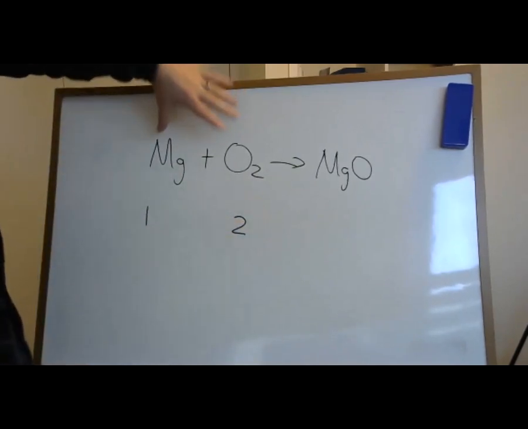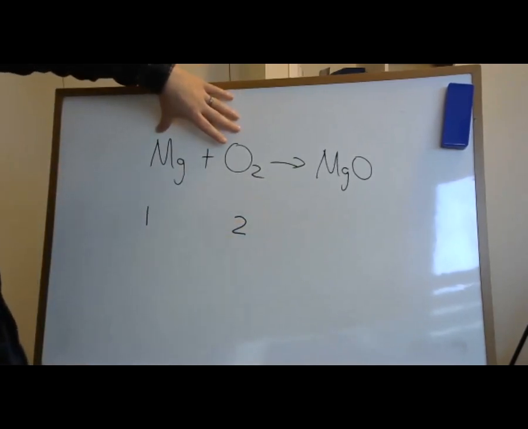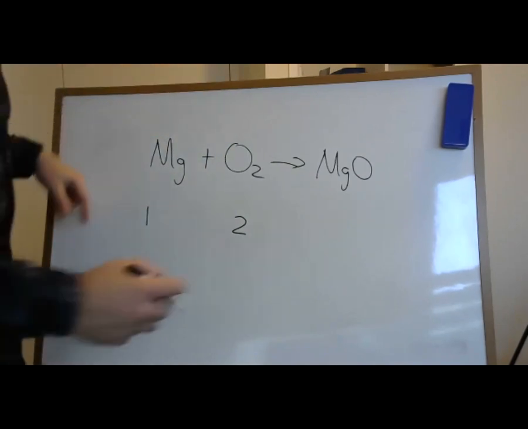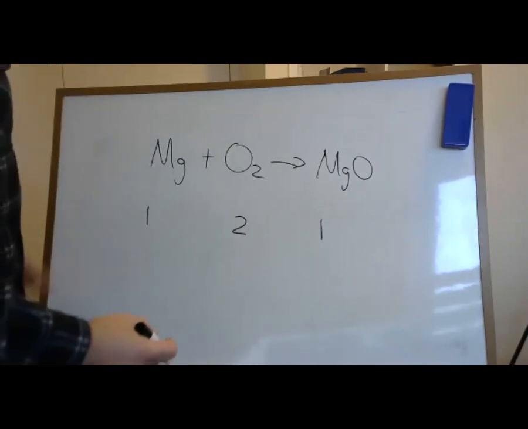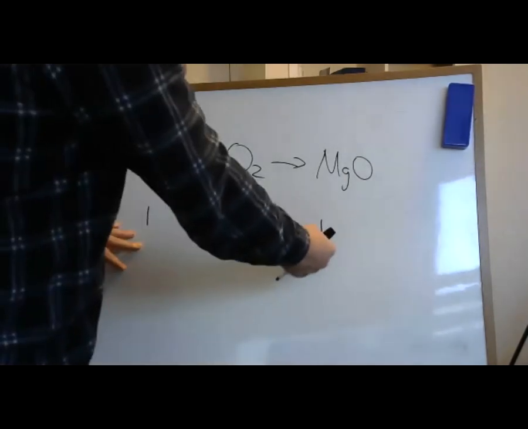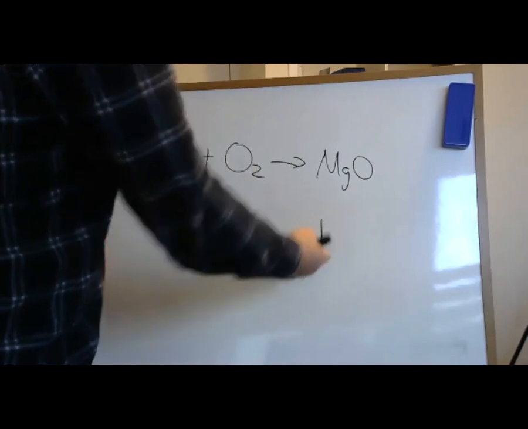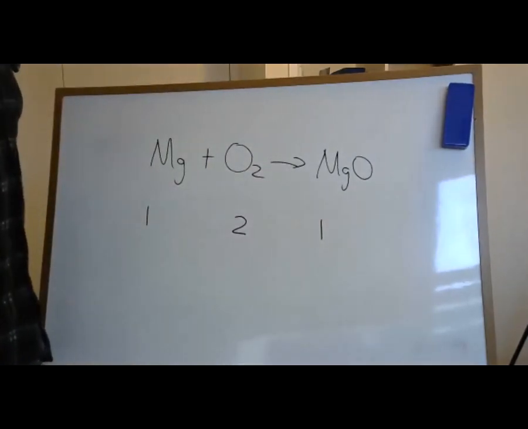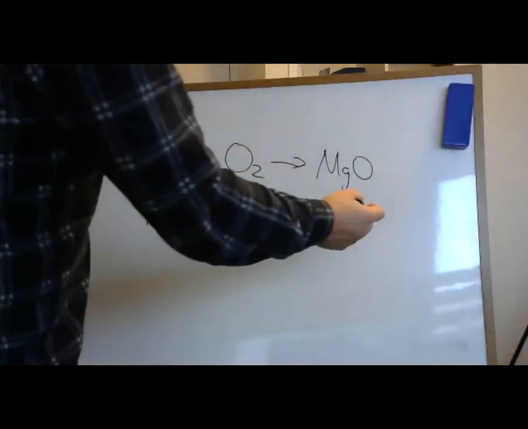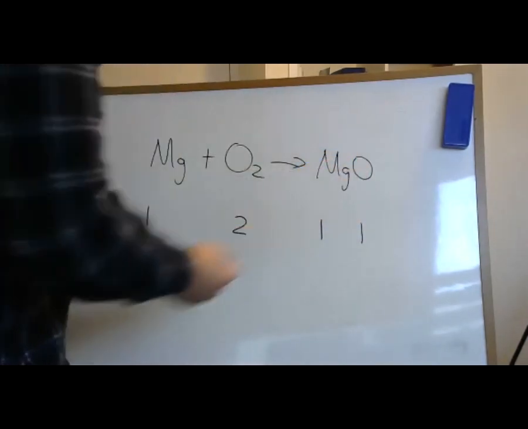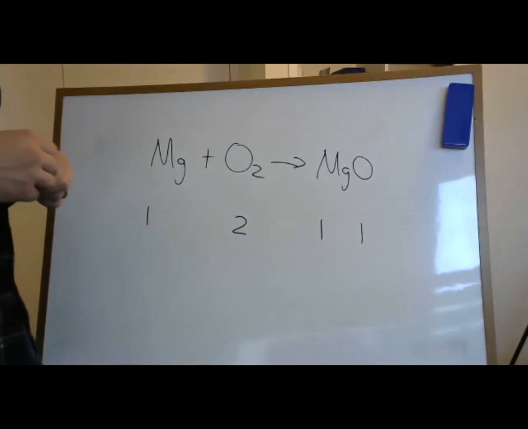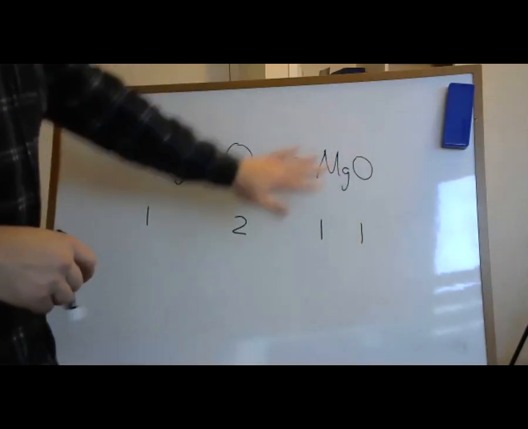Now the magnesium and the oxygen don't have to match on either side. It's the magnesium on this side that has to match the magnesium on this side. And the oxygen on this side has to match the oxygen over here.